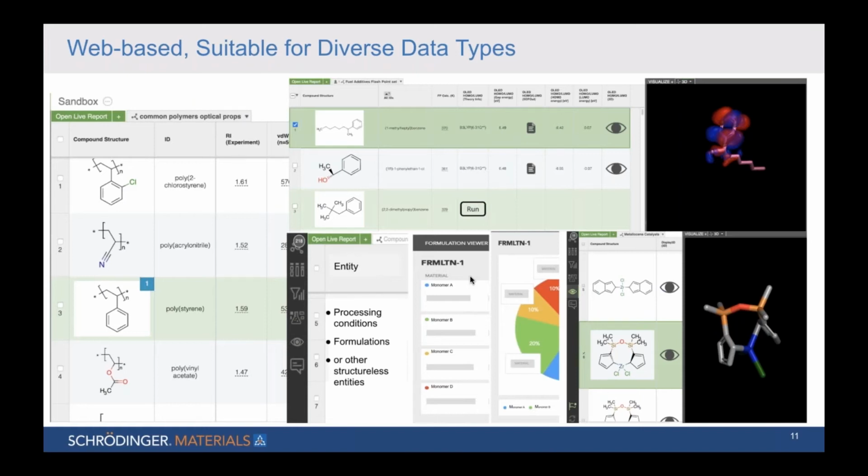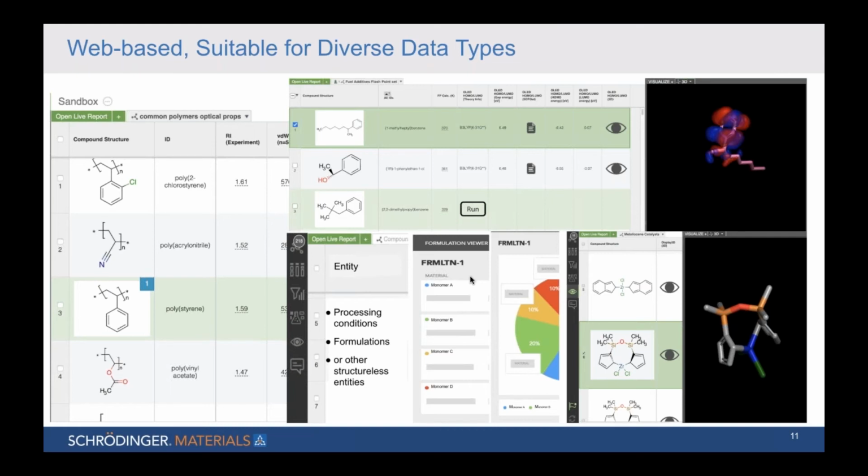Besides that, we understand, especially in materials science, a big challenge is there are so many different types of systems: polymers, small molecules, periodic solid structures, not to mention formulations.